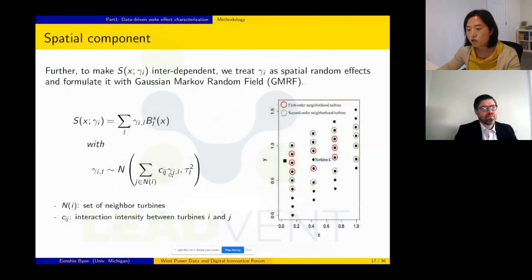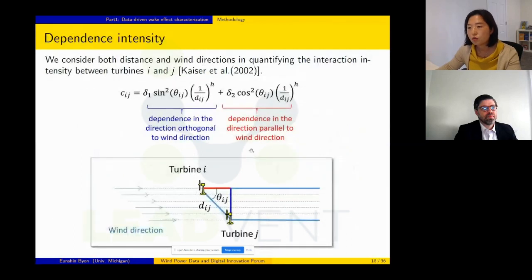And here the Cij captures the interaction intensity between turbine I and J. So for example, with turbine C, the Cij with this neighboring turbine should be larger than with the most distant other turbines. To represent this interaction intensity, we use this formulation.